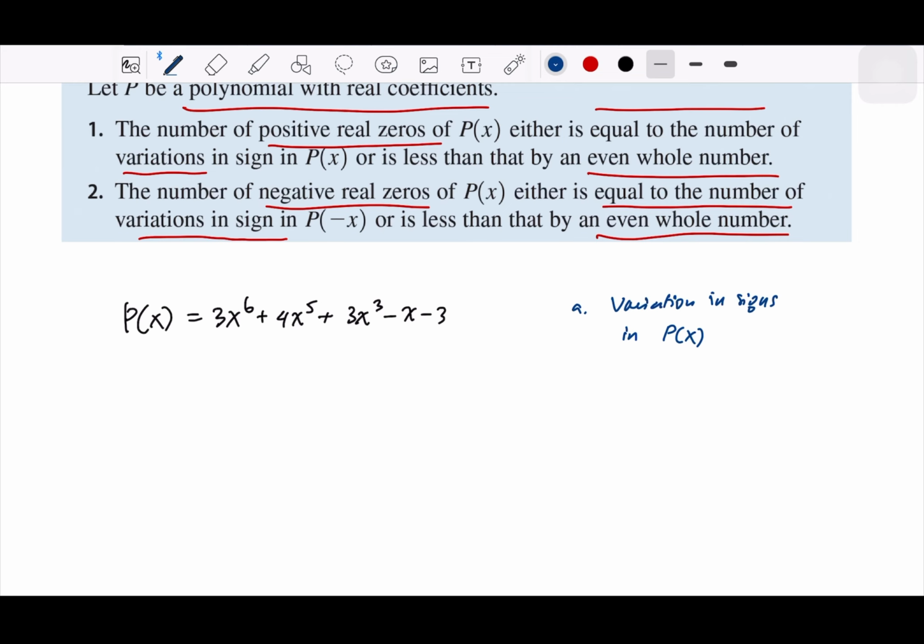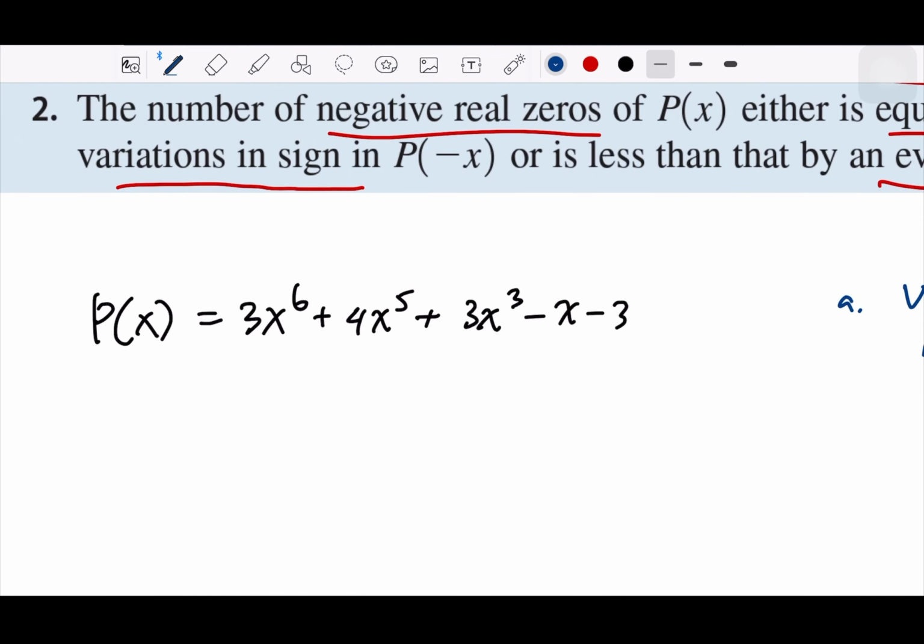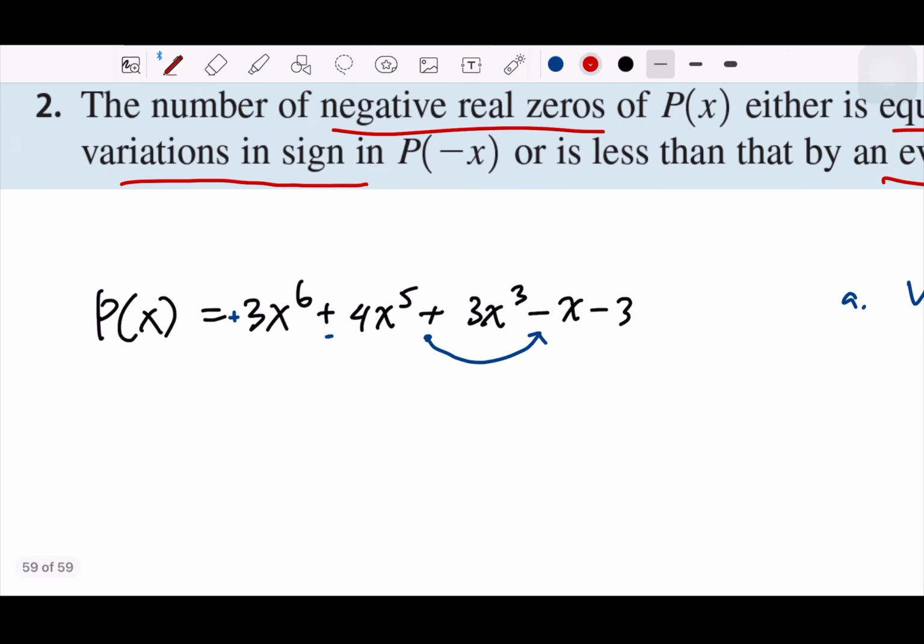So we are going to see this is positive, still the same, positive, positive, nothing wrong with that. And then positive, this is still positive, but then we take this and it becomes negative. So there's only one change. One change, so we have one variation of sign.